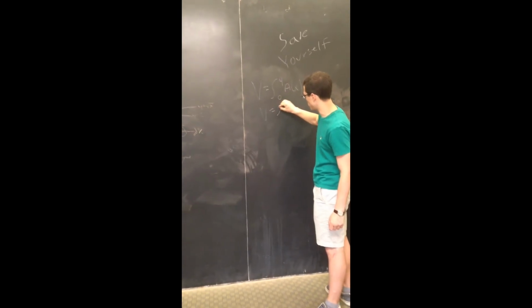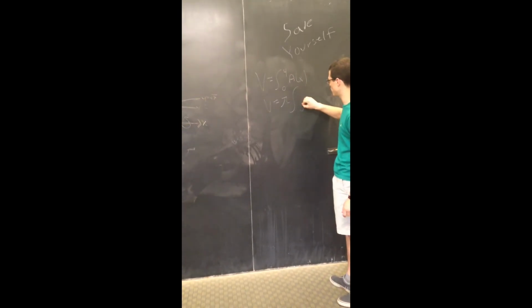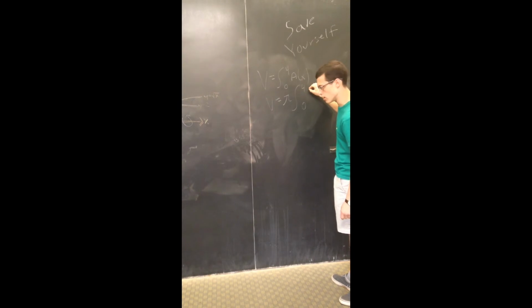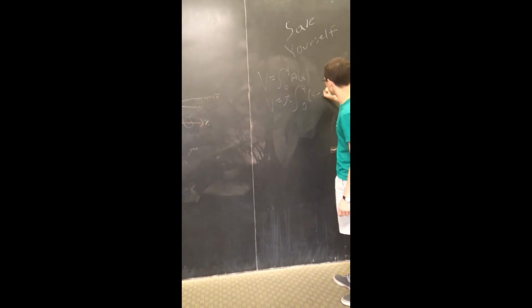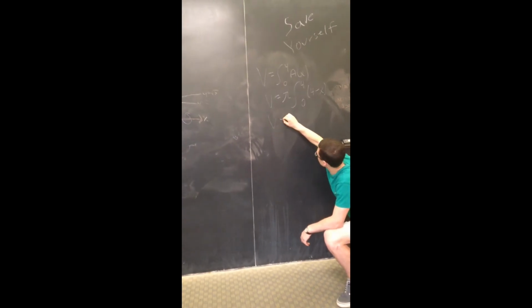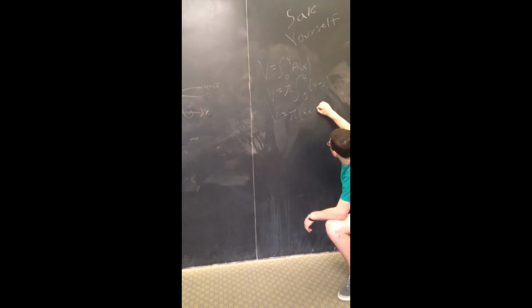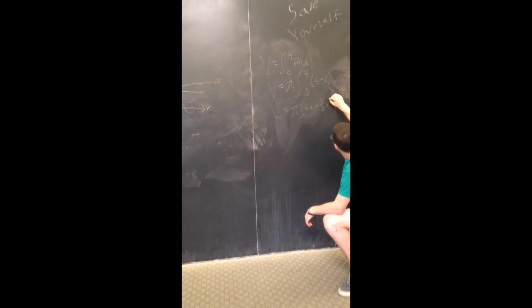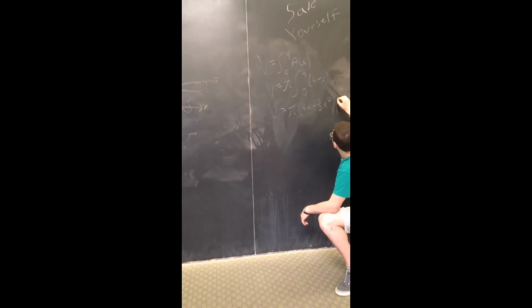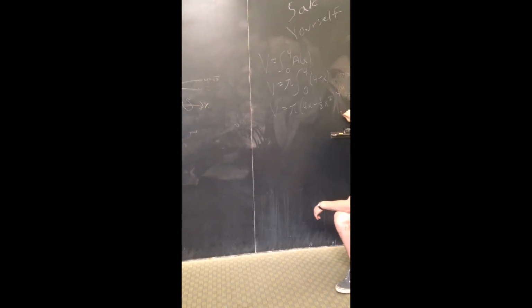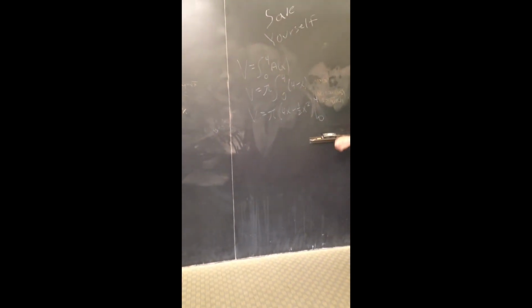So we're going to plug that in, and we're going to get volume equals pi times the integral from 0 to 4 of 4 minus x. Then we can go ahead and antiderive this. So volume is equal to pi times 4x minus 1/2 x squared, evaluated from 0 to 4. And you can do this on the calculator.